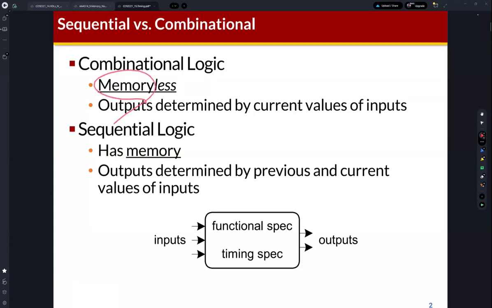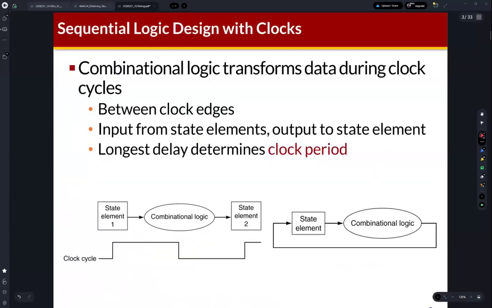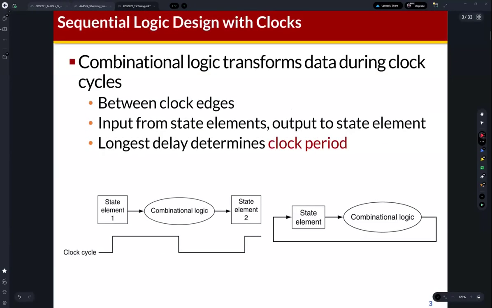I also showed this slide before, so we can understand the basic design approach of our digital system is similar to this figure.